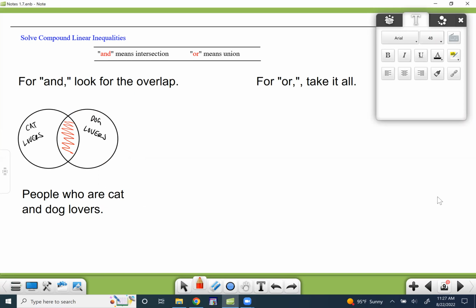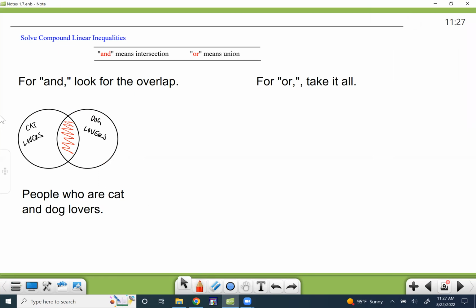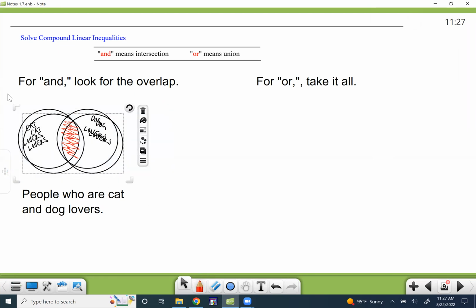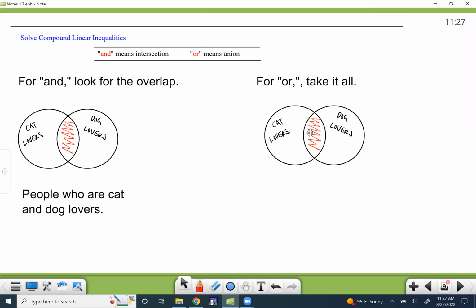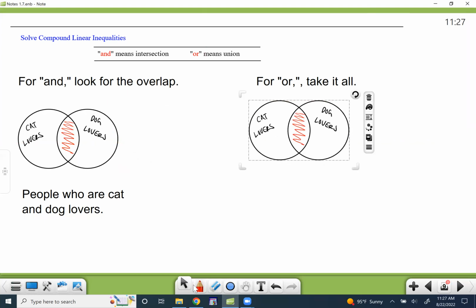Okay. Now if we took that same scenario, that same Venn diagram for "or," well, we would actually shade everything, you guys, is what we're saying. When we say "or," shade it all. Okay.